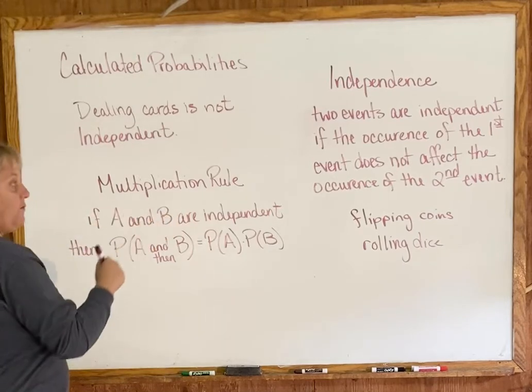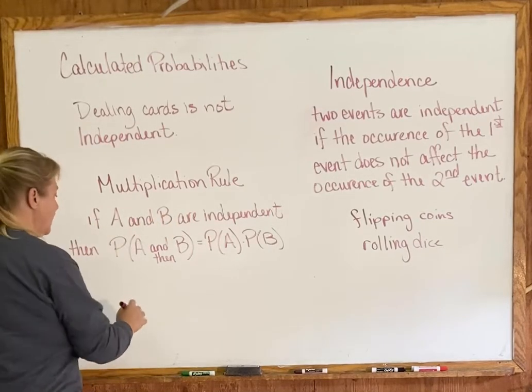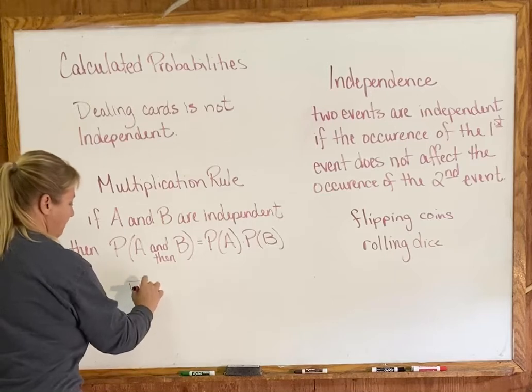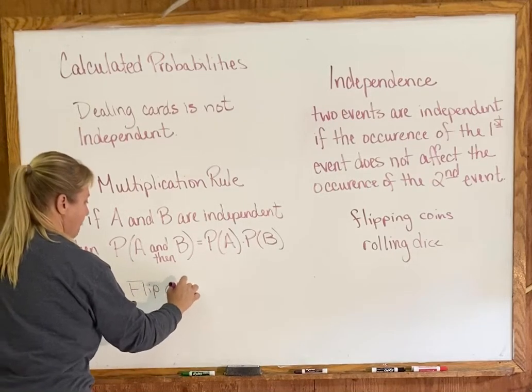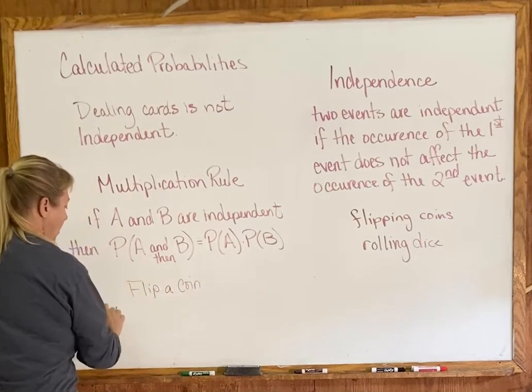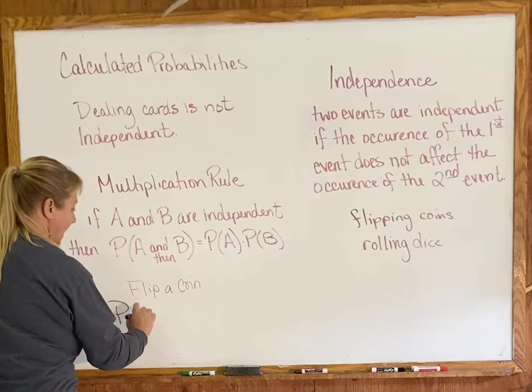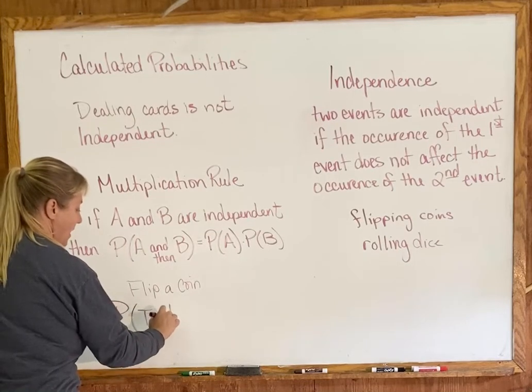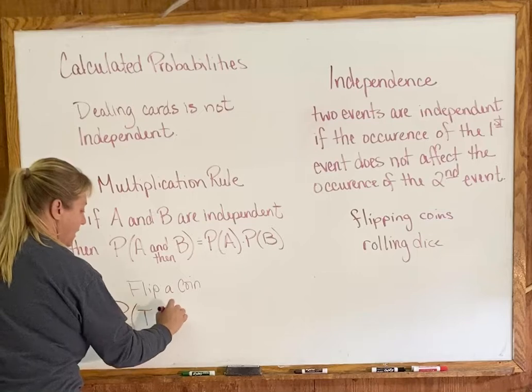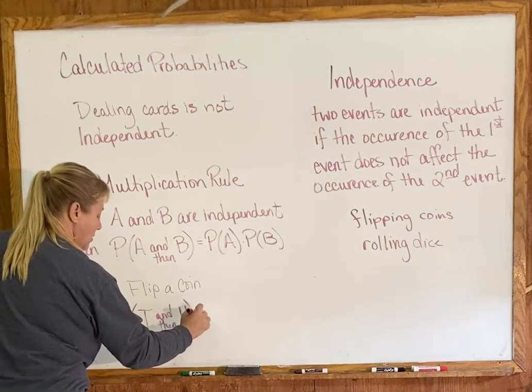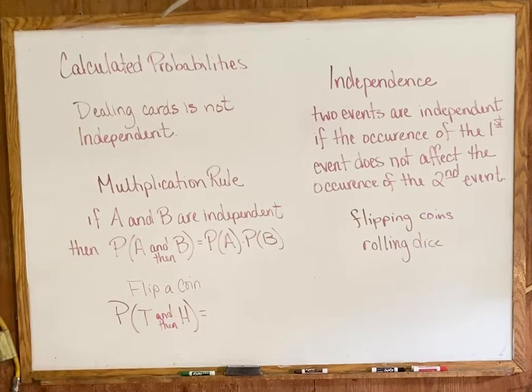Okay, so we said flipping coins was independent, so let's go and flip a coin. I want the probability of getting a tails and then a heads. So first thing I want is a tails, then I want to pick it up, flip it again, and I want it to be a heads.